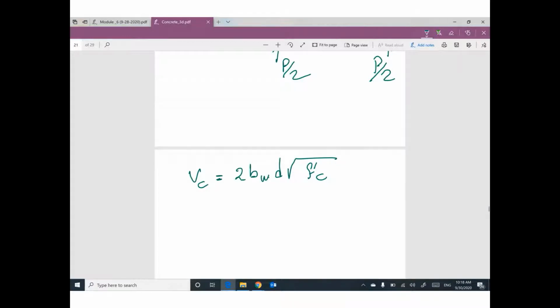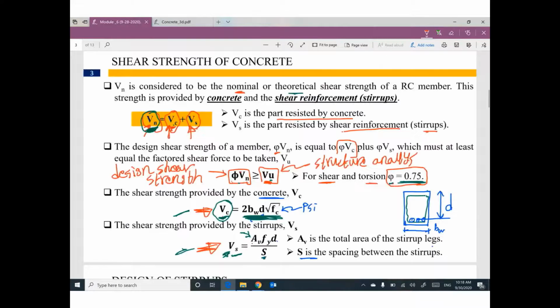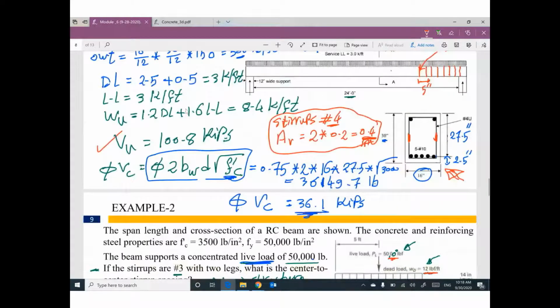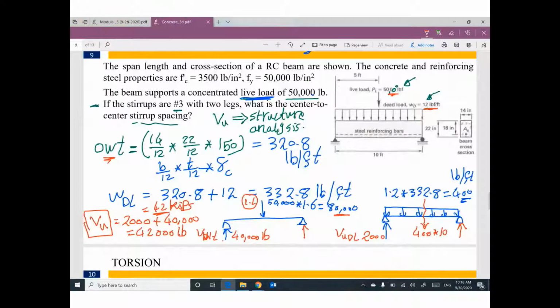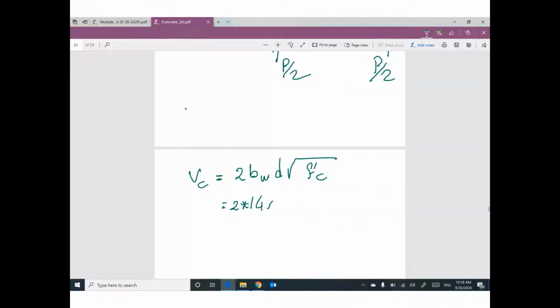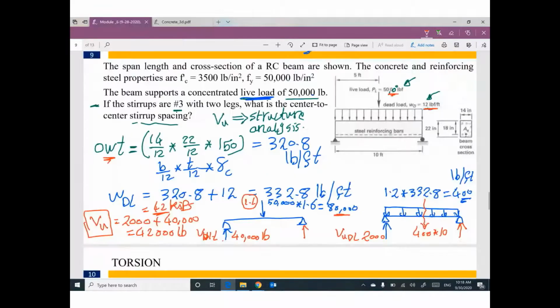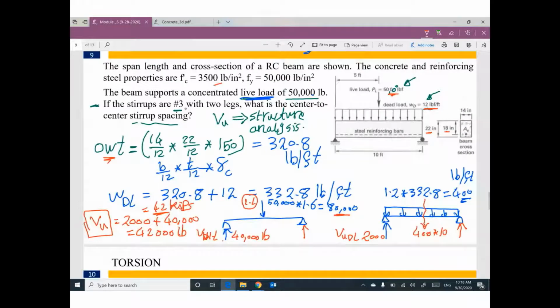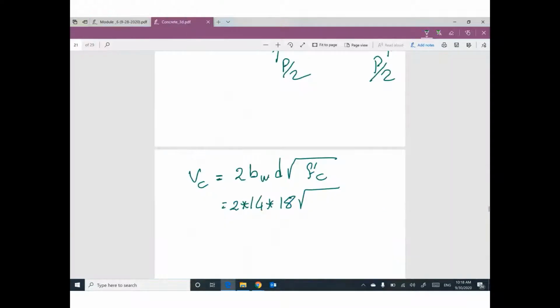What is the value of b web for this cross section? 14. What is the value of the depth? 22 is the total, the overall depth, but 18 is the actual depth. So 18. What is the value of f prime c? It's given, 3,500.